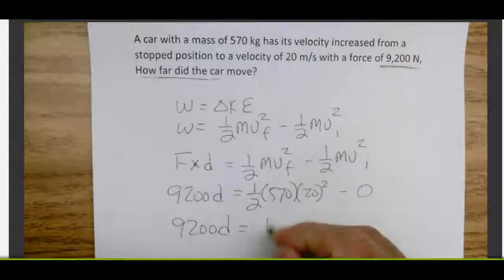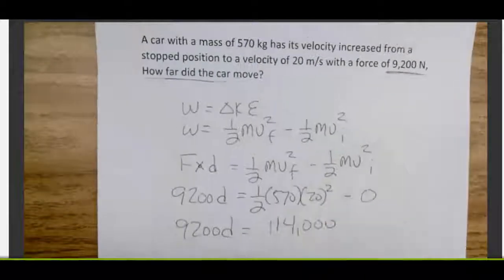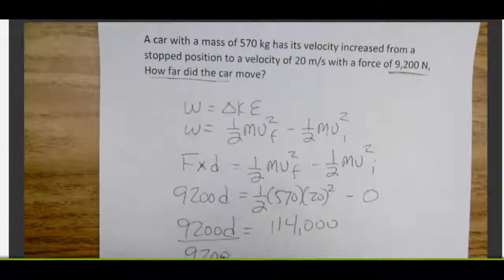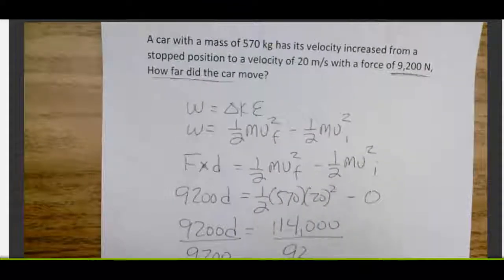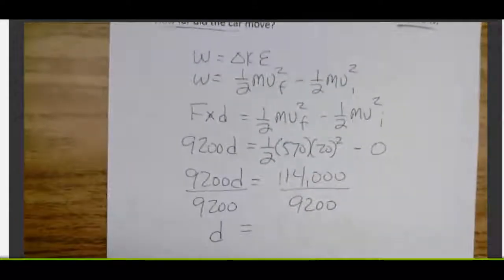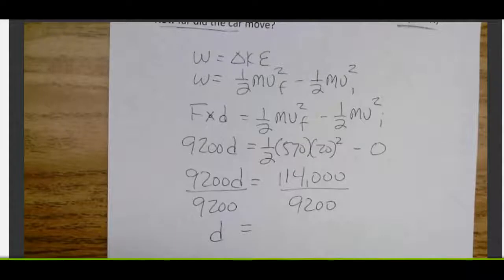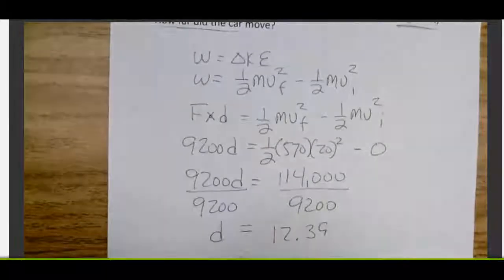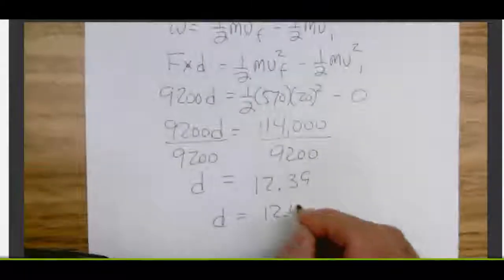We get 114,000. Then we want to get rid of the force on this side and solve for D, so we divide both sides by 9,200. And we get 12.39, and we'll just say distance is 12.4 meters.